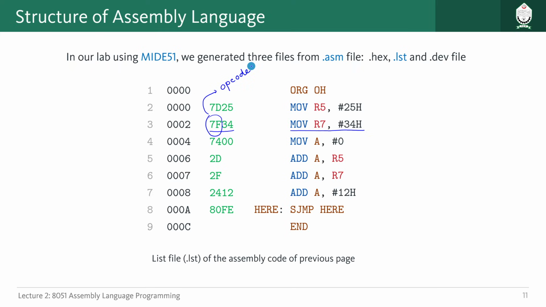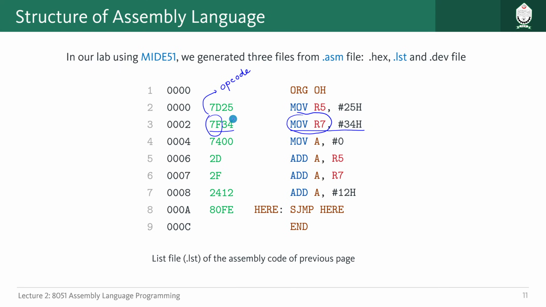So this is the actual instruction for our 8051, and from this 7F we are getting MOV R7. Basically 7F means a value has to be moved into the R7 register. So for that instruction we have this opcode 7F, right?